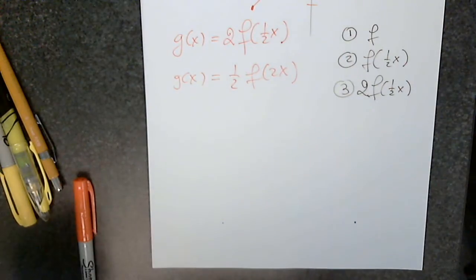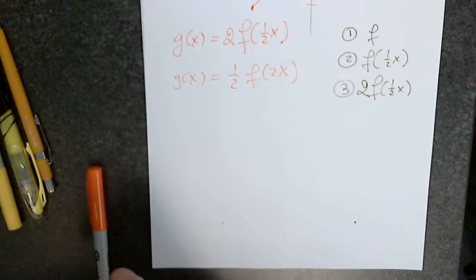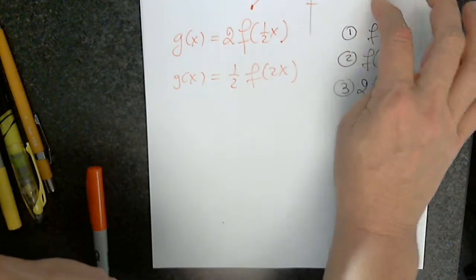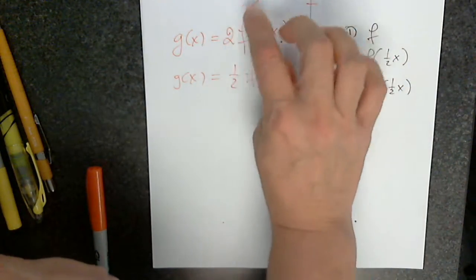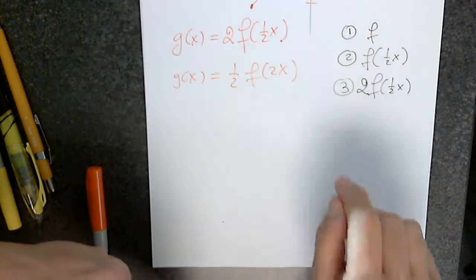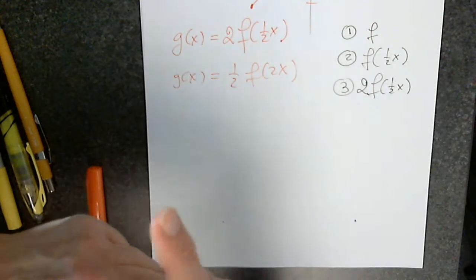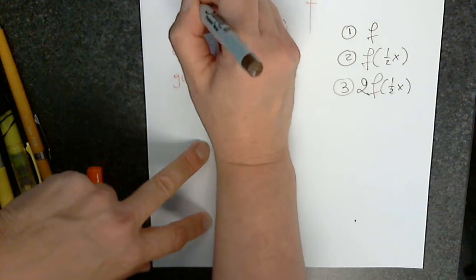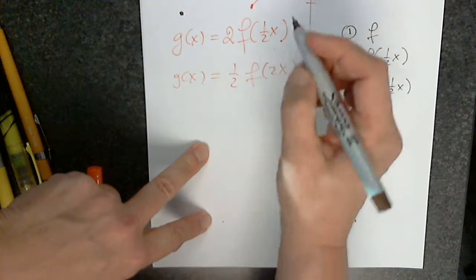So in this case, when I graph f of 1/2 x, for each x value, or each important point, not this one in the middle here, but for the 5 points that I have, their x coordinate will be multiplied by 2, not divided by 2. So this is at -4, the y value does not change, but the x value becomes -8.